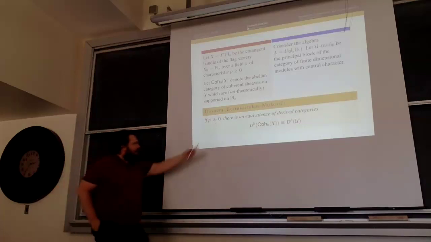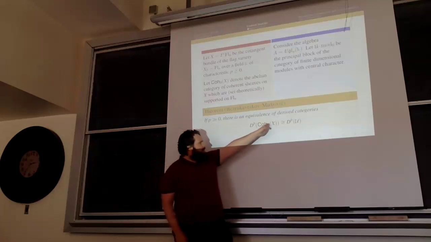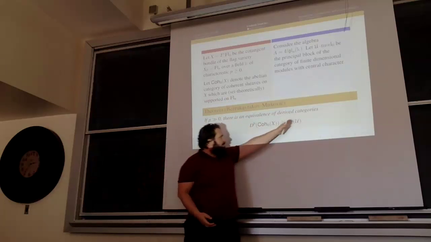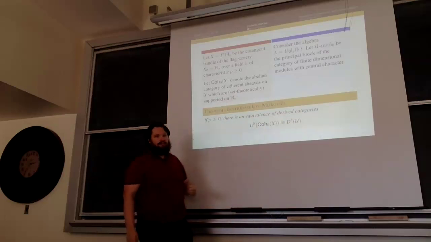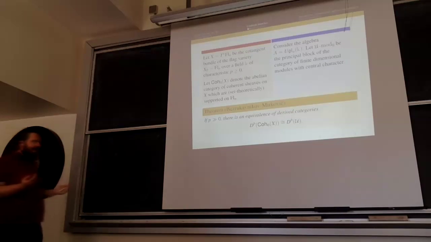And in particular, Bezrukavnikov and Mirković tell me that if my p is big, the derived category of coherent sheaves on T star of flags that are supported set theoretically on the flag variety is equivalent to the derived category of representations of this Lie algebra. And this is kind of a crazy fact.